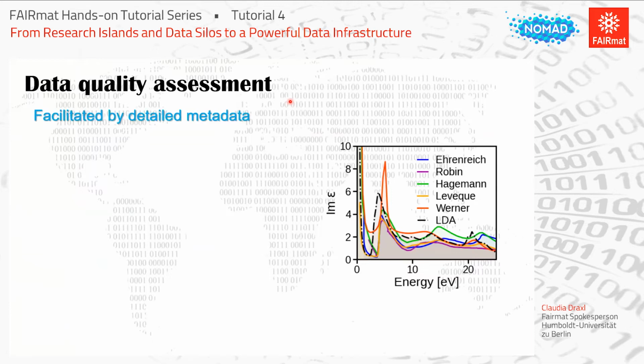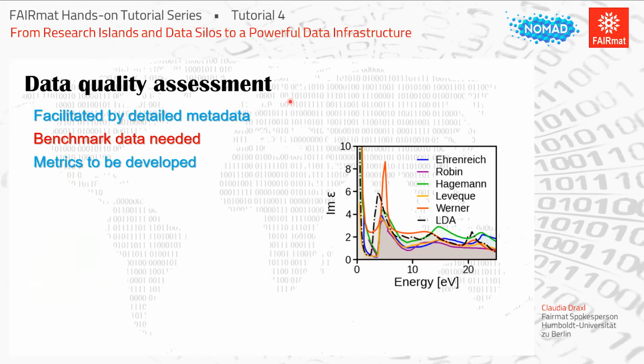It's facilitated, but it's not the only thing, because we also need to know what is the best possible data that we can achieve. So benchmarks are urgently needed for all kinds of properties and all kinds of materials. We also need to develop metrics that allow us to measure the deviation from the ideal result.